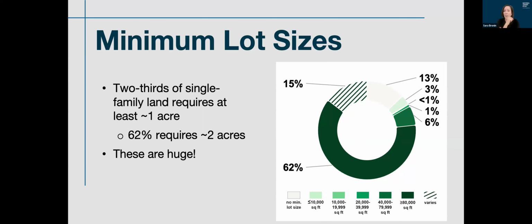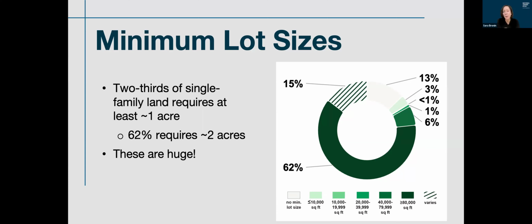That next darkest color green, that additional 6% bumps that number up to just past 2/3. 68% of land in the state requires at least 40,000 square feet, or at least 1 acre for folks who think in acres. These are very high numbers. So 2 acres is more than the size of a conventional football field.